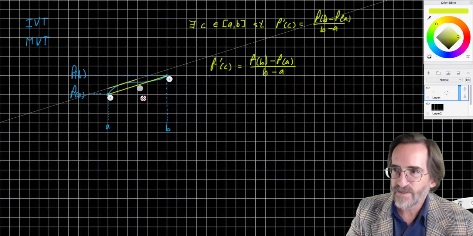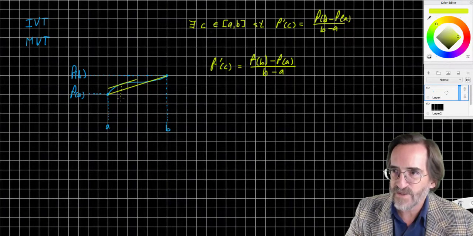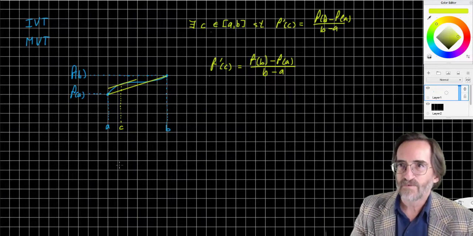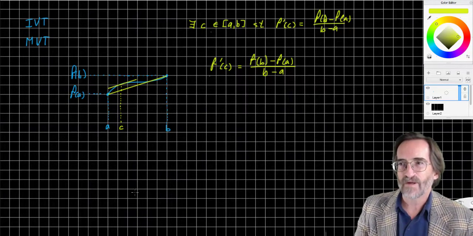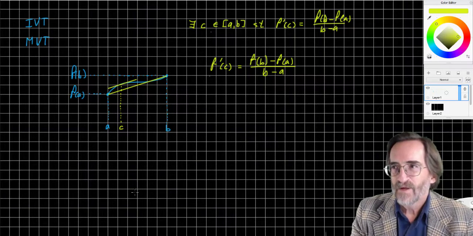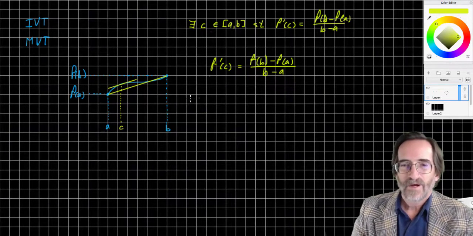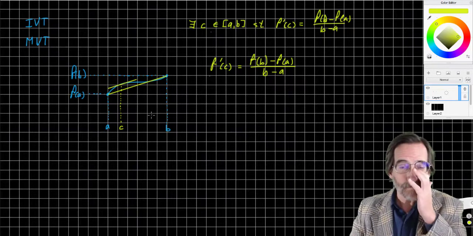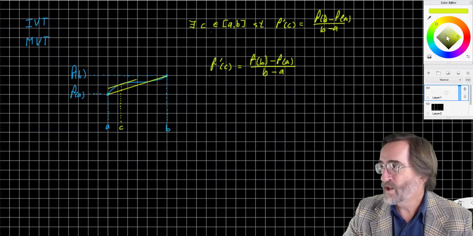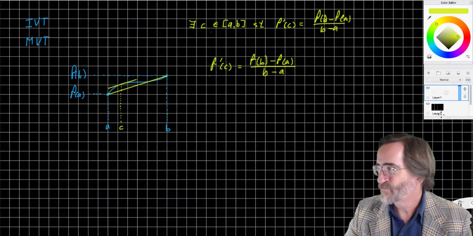And in this case, here's one value of C that is guaranteed by the Mean Value Theorem. So the instantaneous derivative at some point on the domain is going to be the same as the slope of the secant.